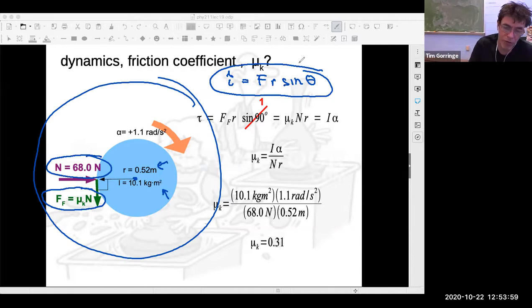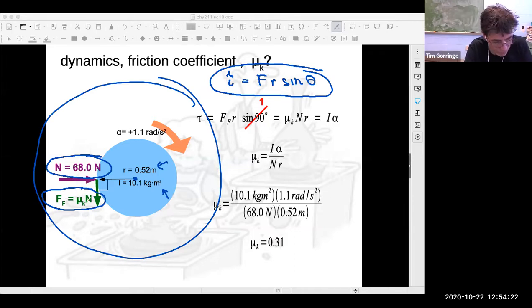One of them is towards the right on my sketch. There's 180 degrees between them. Sine of 180 degrees is 0. And so although there is a normal force, it's not making any torque on the potter's wheel. It's only the frictional force in green here that makes the torque.